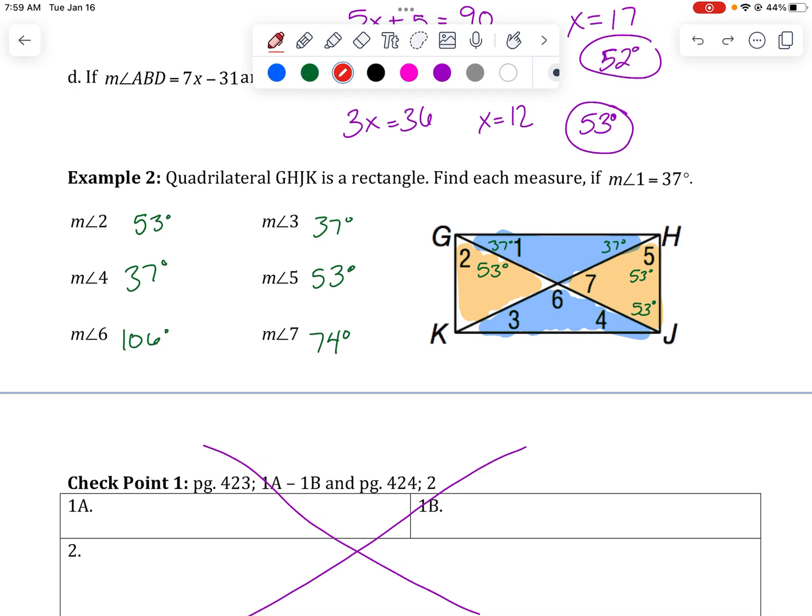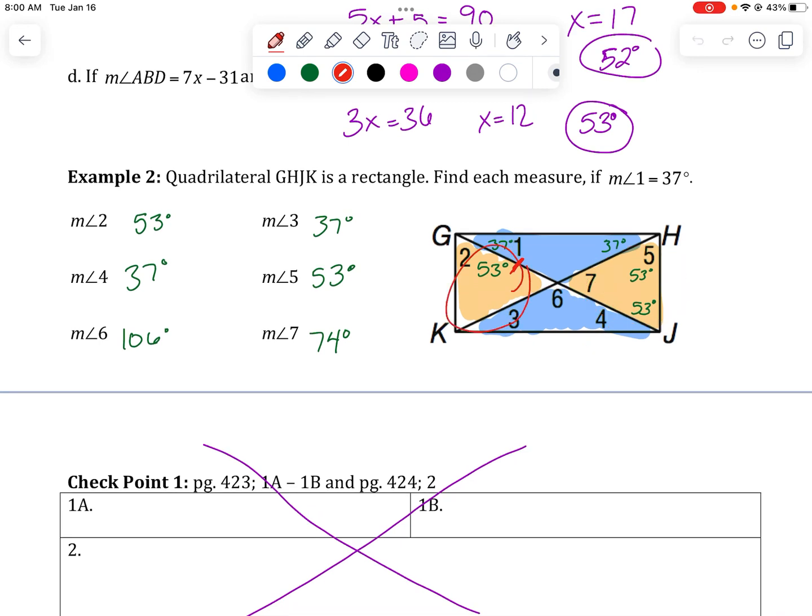Well, if these are congruent diagonals that are also bisected, then what I have here is an isosceles triangle. This is isosceles, this is isosceles, these two are isosceles, and those base angles must be congruent, so that helps out a lot.